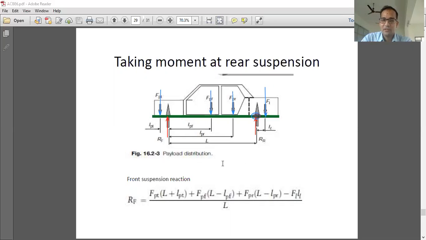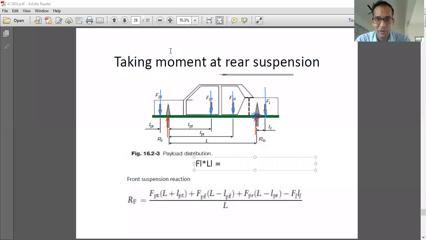What is going to be the criteria? Taking moment at RR, I'll have clockwise moments and counterclockwise moments. I'll say FL, luggage load, multiplied by LL is equal to, this is the clockwise moment if you are able to visualize it. I am taking moment over here.